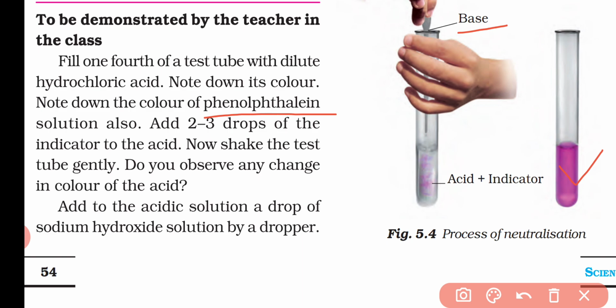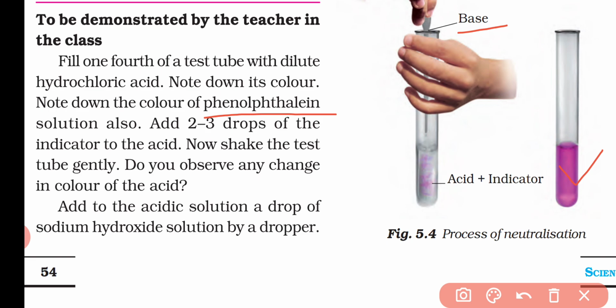So what we are doing: we are taking the test tube. In this test tube we take one fourth of dilute hydrochloric acid. In this we pour 2 or 3 drops of phenolphthalein, and then we add the base. When we add the base, at the starting it will not produce any type of color.